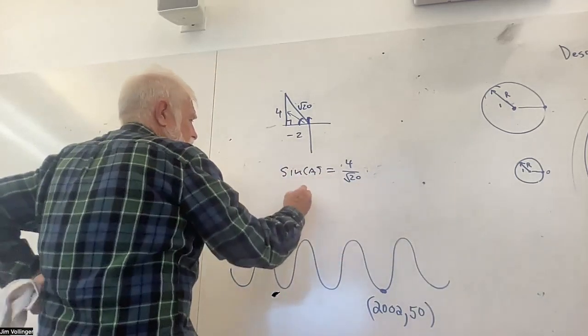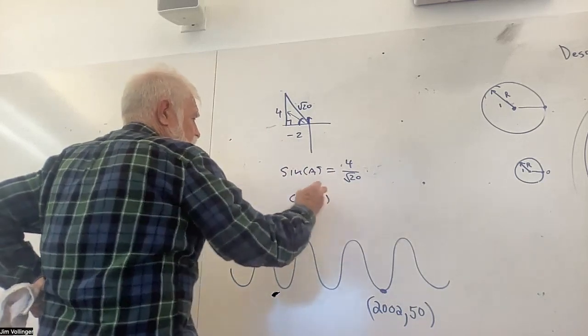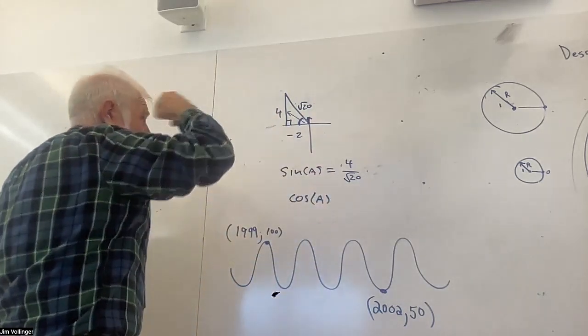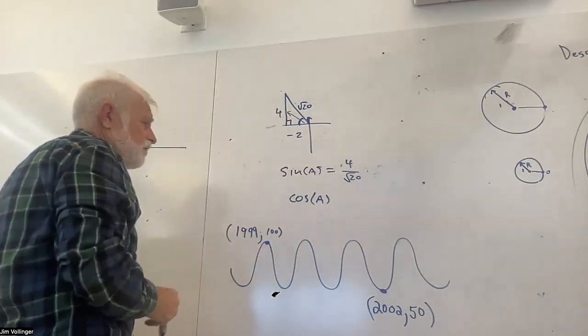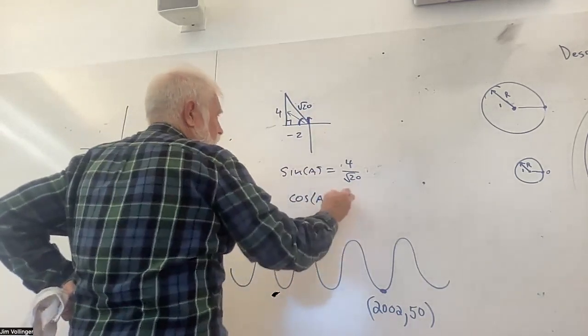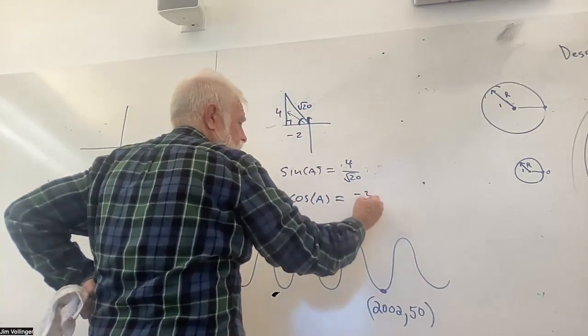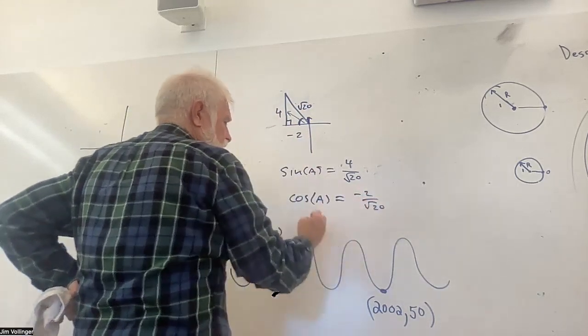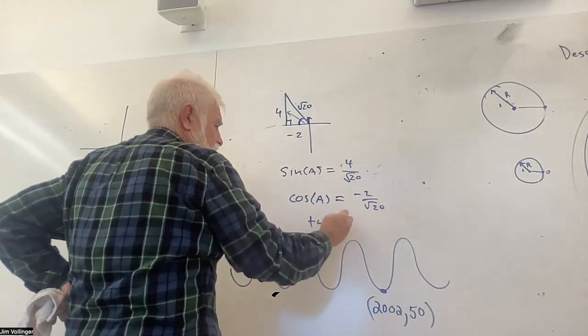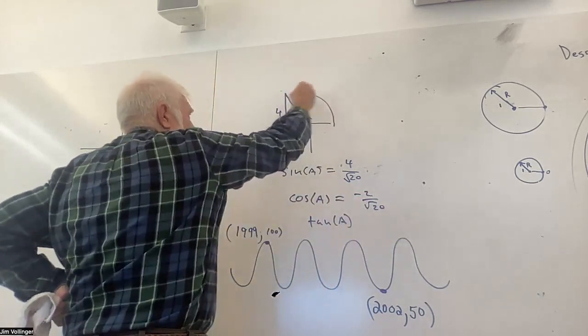What's the cosine of angle, whatever, 115 degrees? I don't know what it is. We'd have to do more work than that. But what's the cosine? -2 over √20. And what's the tangent? The tangent of angle A is really that angle, right?